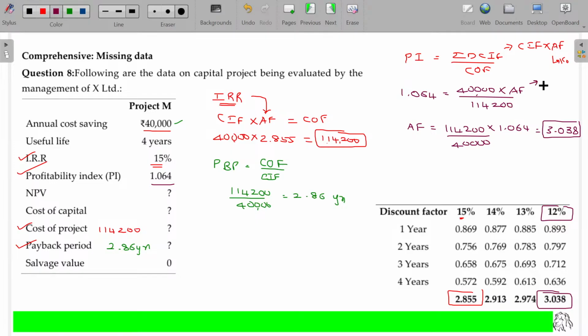This annuity factor is calculated at the rate of 12% for 4 years. So we have to find out the annuity factor at which the cash inflow is discounted to get this value. So here 12% for 4 years, and this 12% is considered as cost of overall capital.